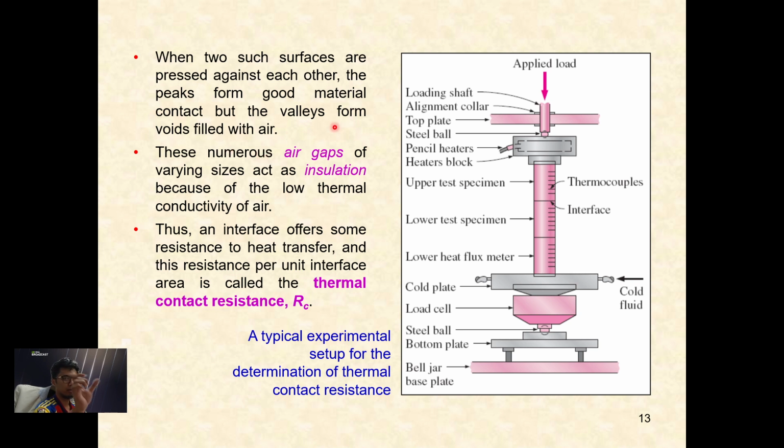These numerous air gaps come in various sizes and act as insulation, as a resistance that does not let heat transfer easily. Thus, the interface offers some resistance to heat transfer, and this resistance per unit interface area is called thermal contact resistance, RC.